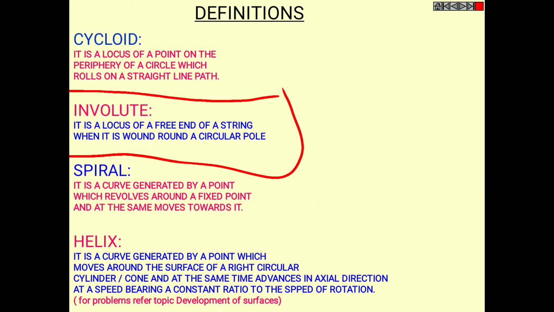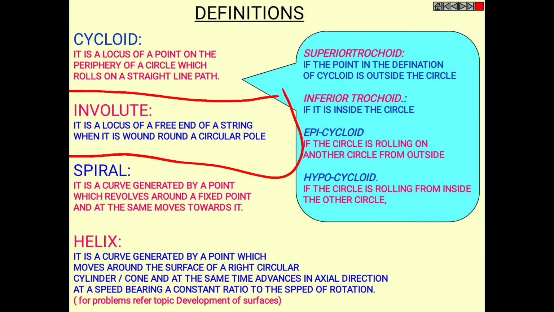So we will directly move into the methods to make an involute. Firstly, involute of a circle. Similarly, in engineering curves part 2 also, we will not go into the theoretical concept, we will directly move into a problem and solve it.